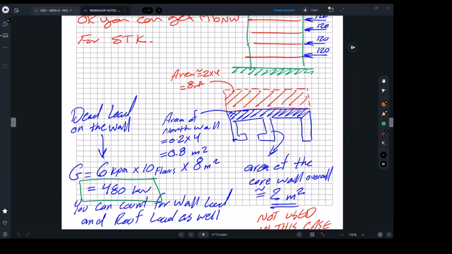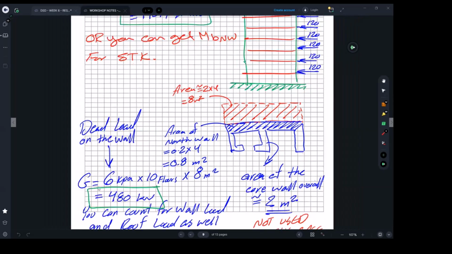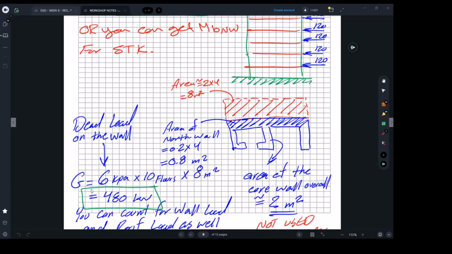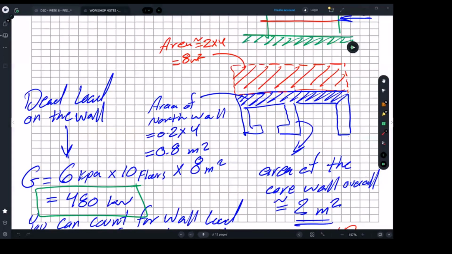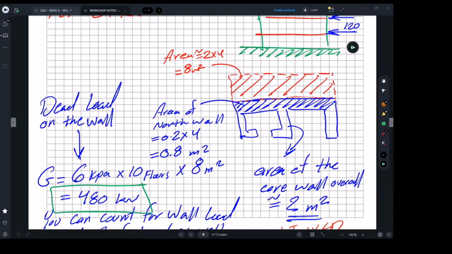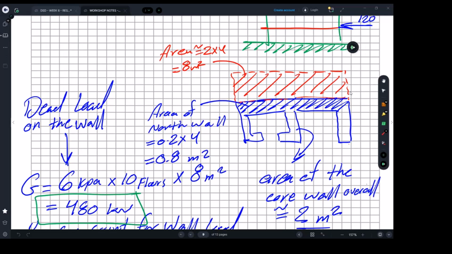But let me show you. So you're asking about the G. And remember, the same thing can apply for Q. But Q doesn't have the concrete weight. So with G, what you do here, first thing, you've got two components. This area, let me just use this highlighter.